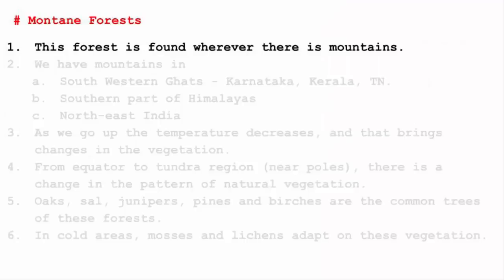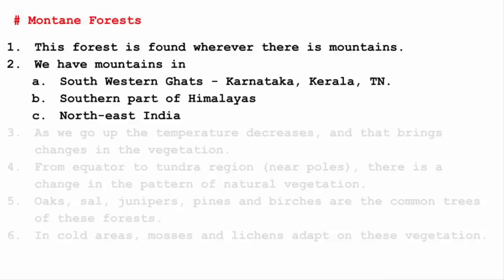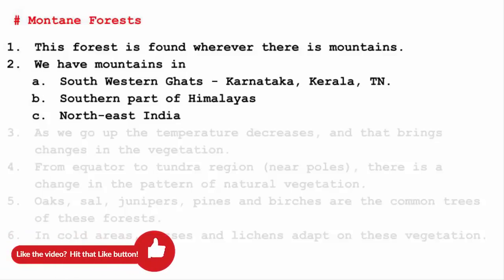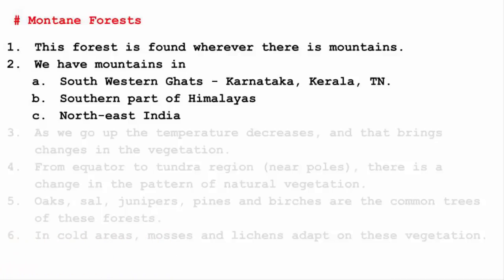Now let's read about montane forests. So always remember, this forest is found wherever there is mountains. And in India, we have mountains in southwestern Ghats, that is in regions of Karnataka, Kerala and Tamil Nadu. And then we have mountains in southern part of Himalayas, that is the Shivalik range. And then we have mountains in the northeastern India. So these places have good amount of elevation or slope that gives rise to montane forest.